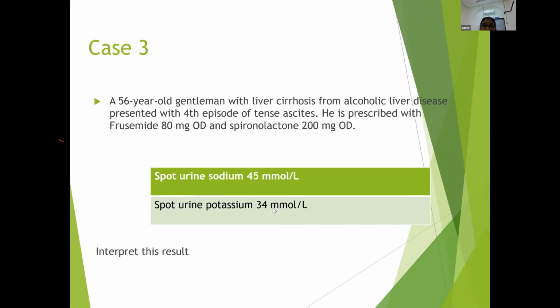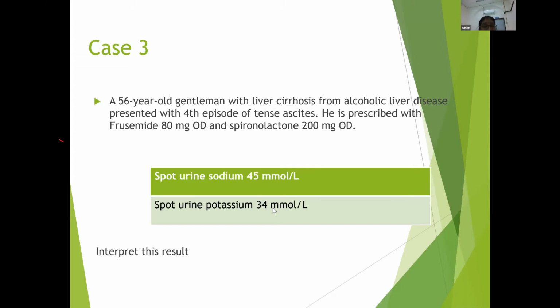We go to the example of a second case of a 56 years old gentleman with liver cirrhosis from alcoholic liver disease presenting with the 4th episode of tense ascites. That means he already has recurrent ascites. He was prescribed Lasix 80 milligram OD and spironolactone 200 OD. His spot urine sodium is 45, which is slightly higher, and spot urine potassium is 34.